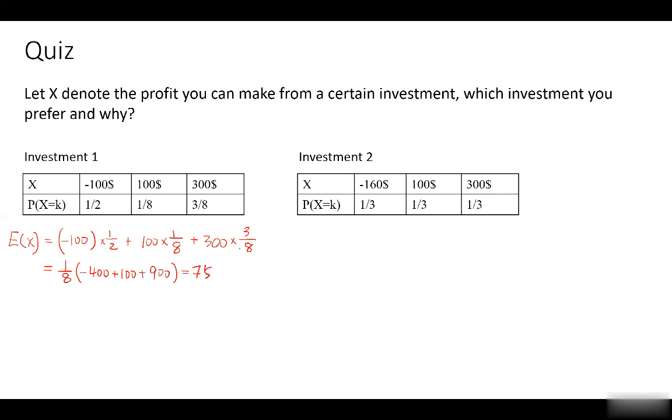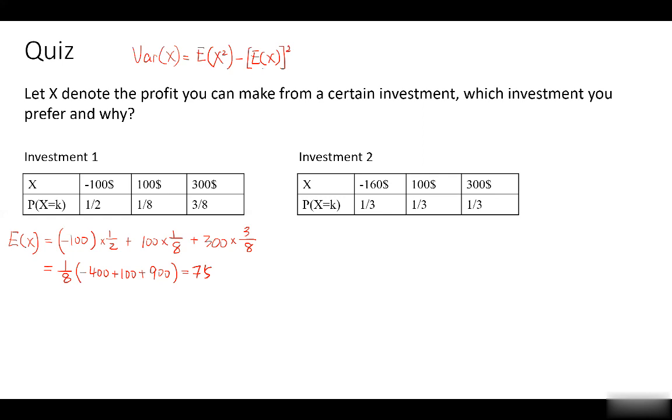Okay, which is 75, right? And also let's calculate VAR X. So remember that VAR X can be calculated as the expected value of X squared minus the expected value of X, squared, right?